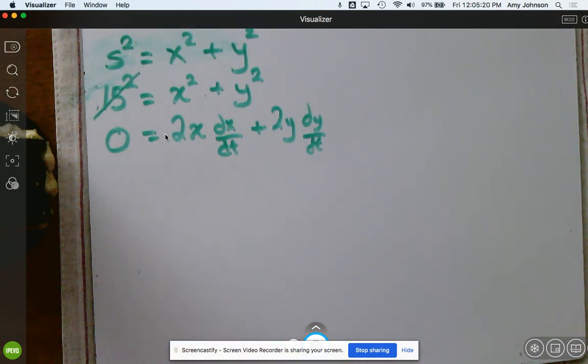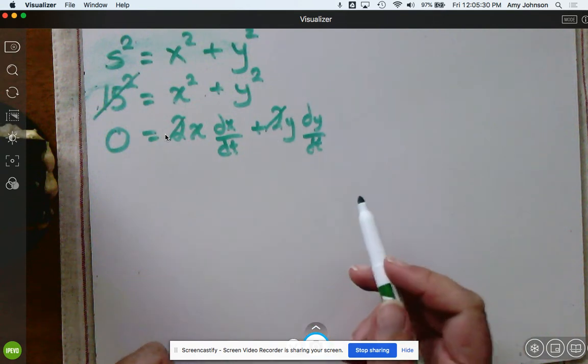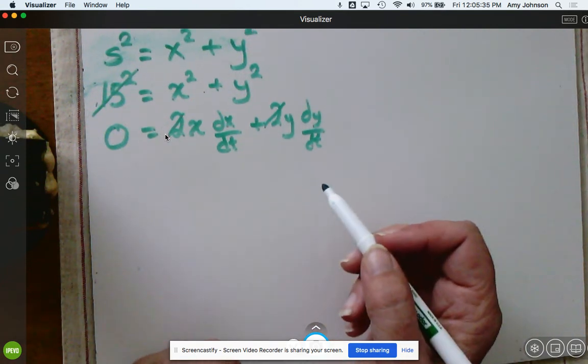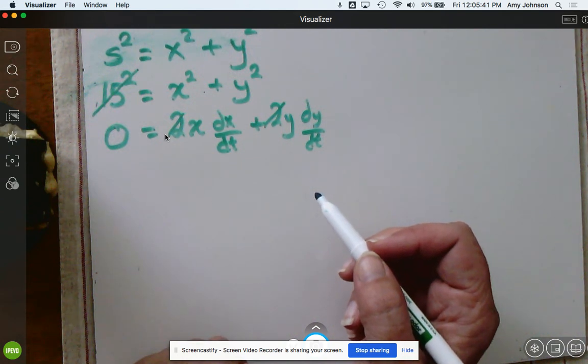Okay, so one thing I can do here is divide everything by 2. That'll make my life a little easier. So let's divide everything by 2. And then we are trying to find dy dt, so let's solve for dy dt. You can do that really on your own if you want.